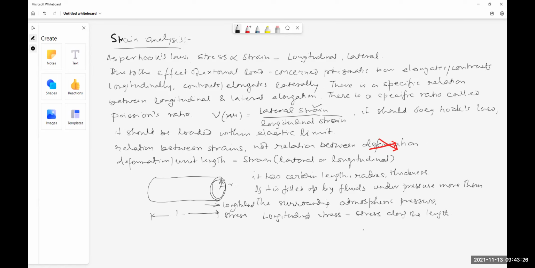Radial stress is along this direction, along the radius, and tangential stress like this, which is also properly known as hoop stress, along the tangent.